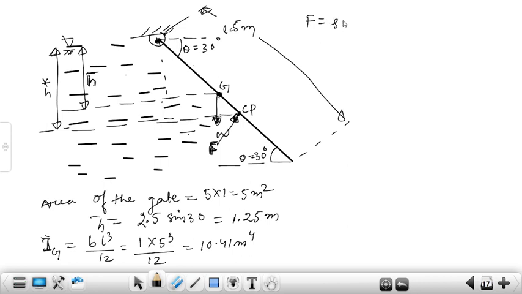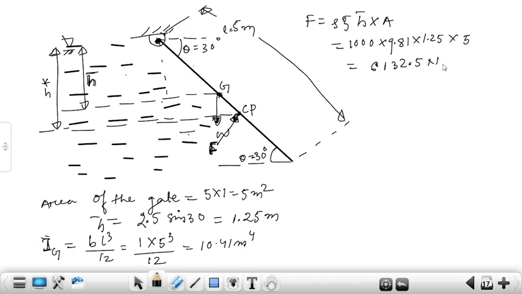Next, we have to find the hydrostatic force. F is equal to rho g h bar into area. So the density of water is 1000 kg per meter cube, and acceleration due to gravity is 9.81, and the h bar we found is 1.25 meter, and the area is 5 meter square.